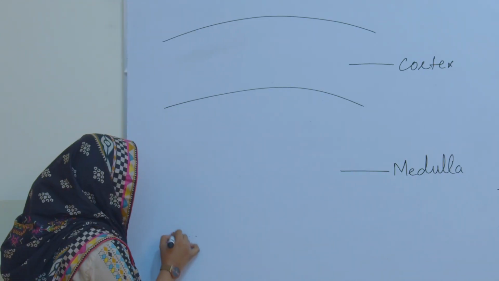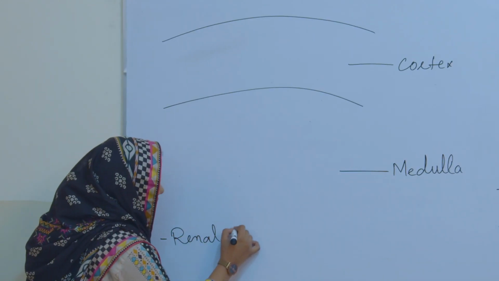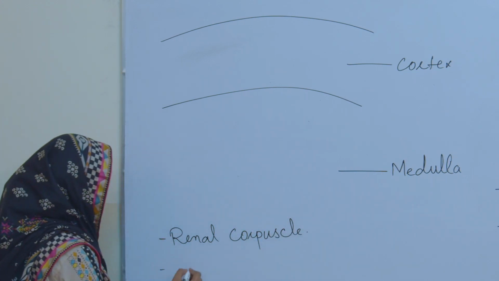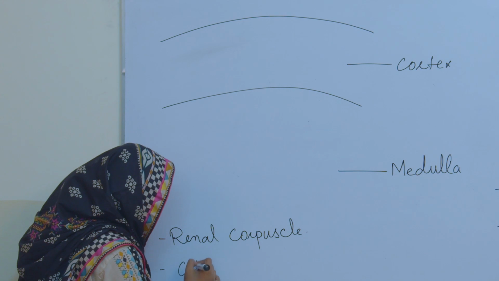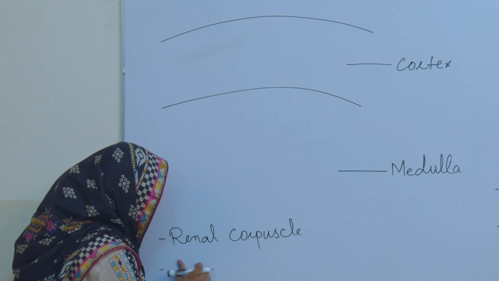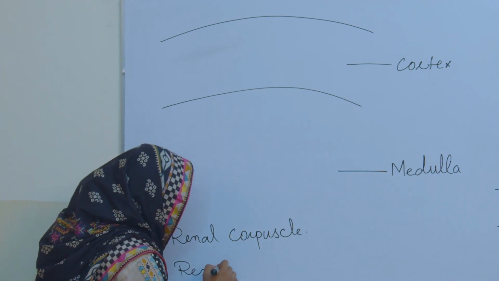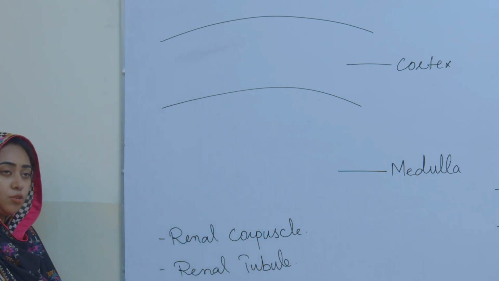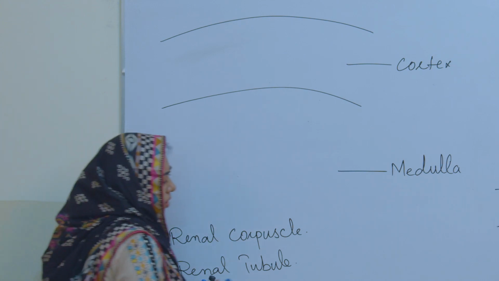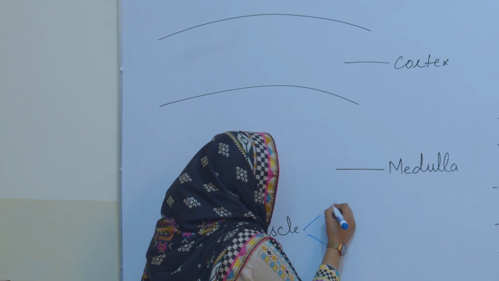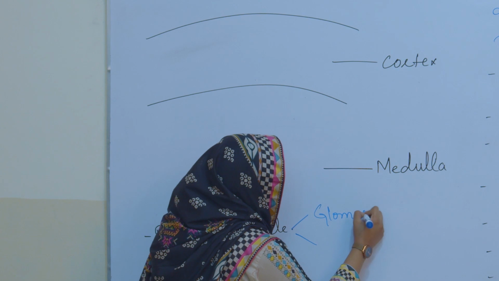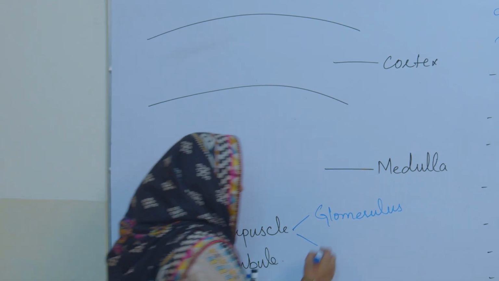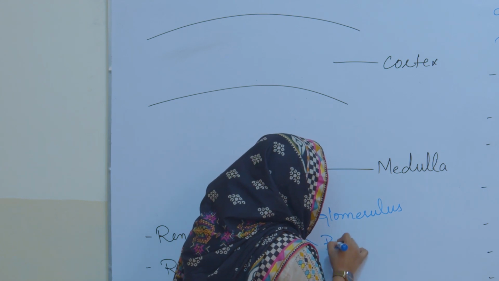Number 1 is the renal corpuscle, and number 2 is the renal tubule. If we are talking about the renal corpuscle, that may be divided further into two things, the glomerulus, which is a network, an assemblage of capillaries, and this is covered by Bowman's capsule.